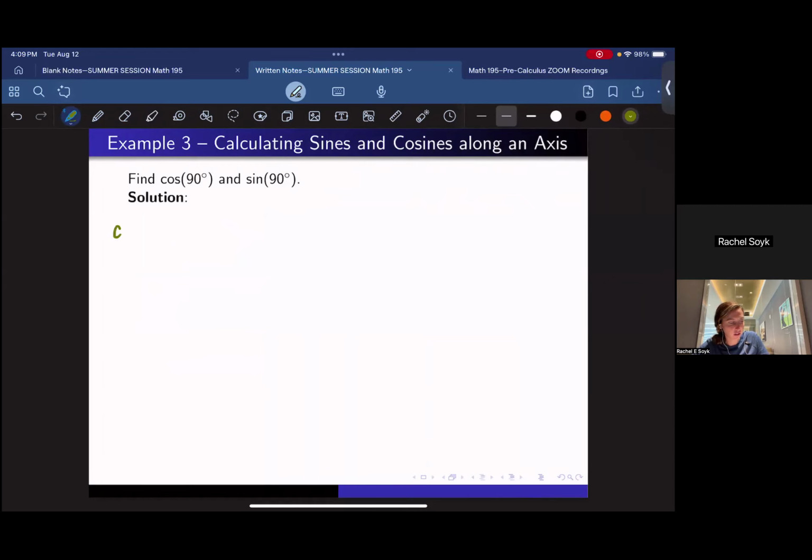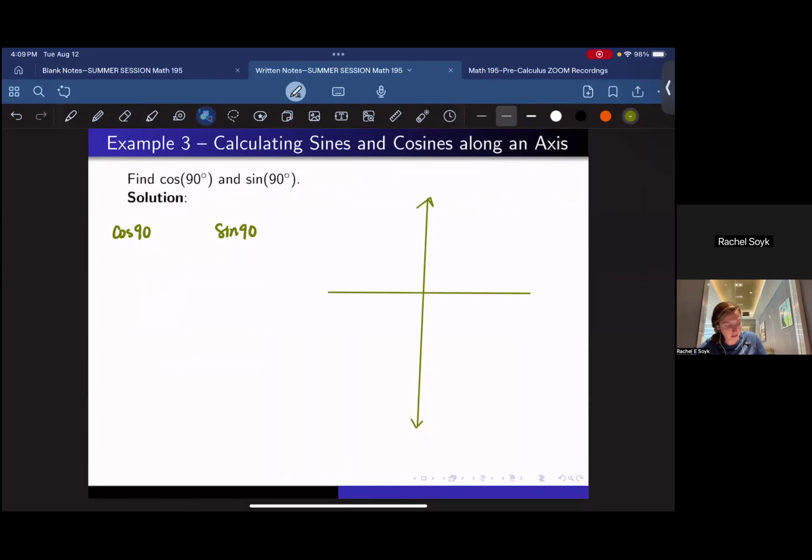How do we find cosine of 90? How do we find sine of 90? Well, let's look at this graphically. 90 hits along our y-axis. And if we're looking at a unit circle, what is the coordinate at this point?